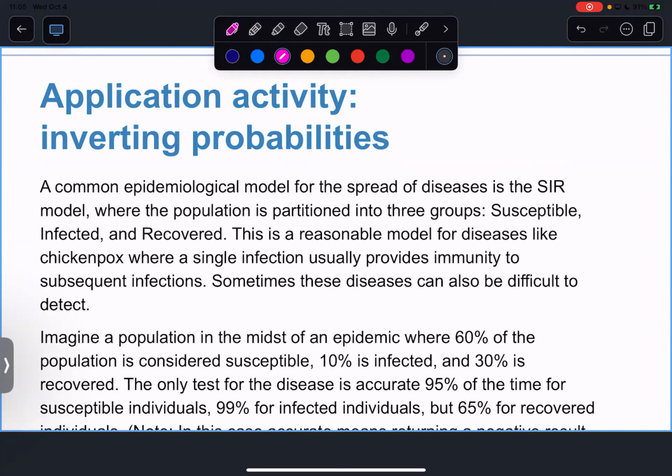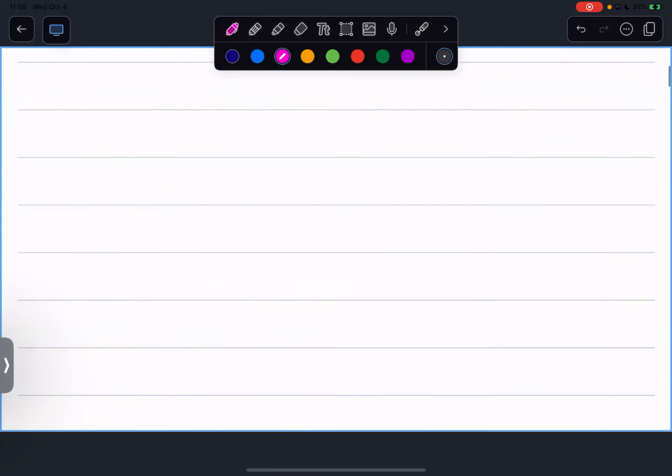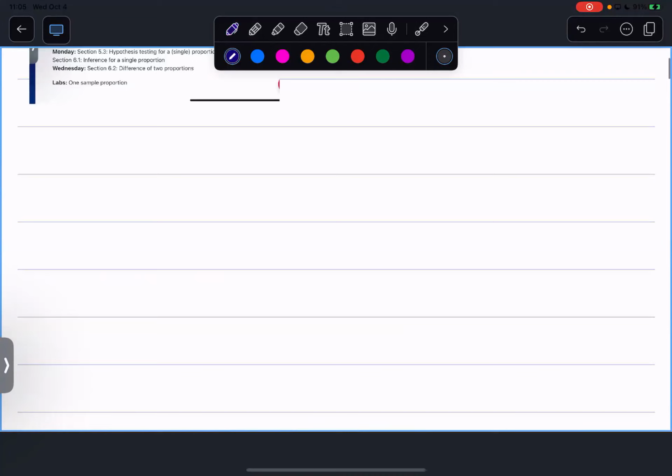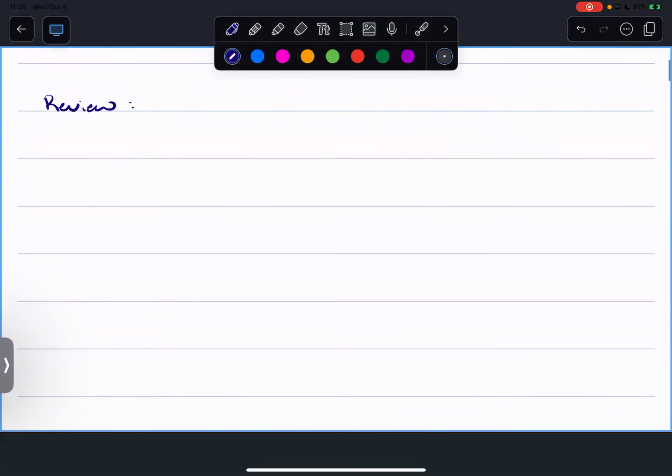We're not going to do it because there's a lot of work involved, but from last week, as kind of a review, I'll say review. We talked about conditional probabilities, and we leveled up to tree diagrams.